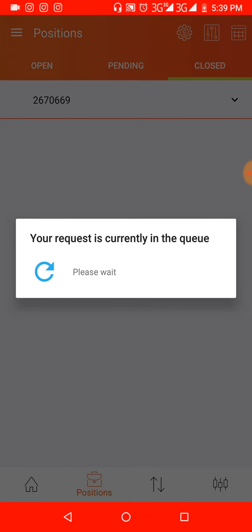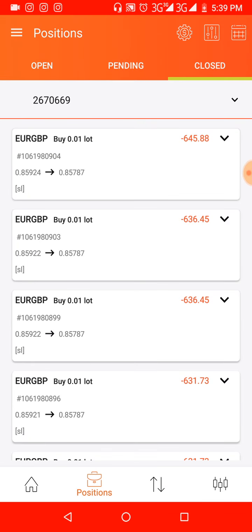These are some of my closed trades. So I lost some trades in the Euro GBP. I set what is called a stop loss and a take profit. It got to the stop loss and automatically stopped there to prevent me from incurring further loss.